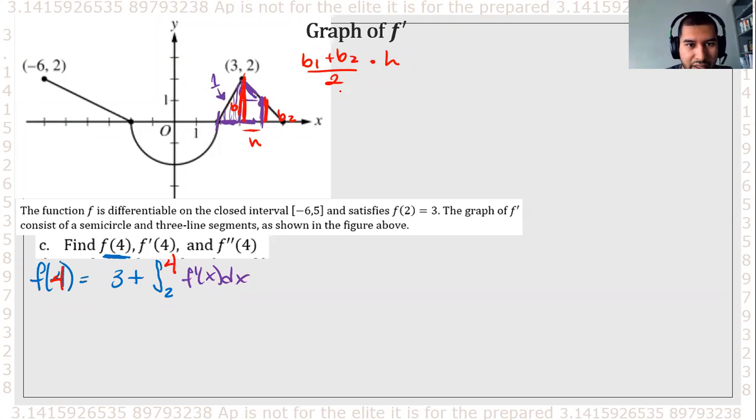So right here, it looks like this height is 2 plus the second height, which is a height of 1, divided by 2 times the height, the distance between the two bases, which also appears to be 1. So I think I have 3/2 for this little trapezoid right here.